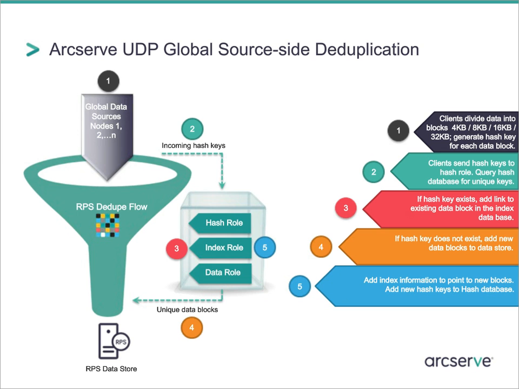And then basically the last thing we do is we add information to point to the new blocks and update the pointers. It sounds a bit complicated, but in reality, all this is happening in milliseconds. And there's no resource overhead, because a lot of traditional solutions that use source-side dedupe put a big overhead on the client.